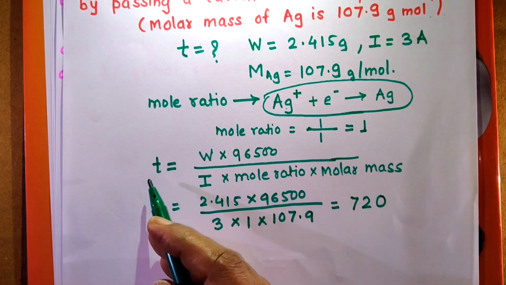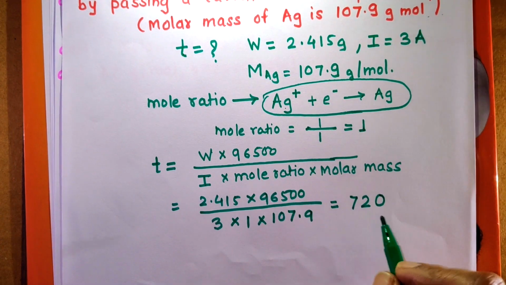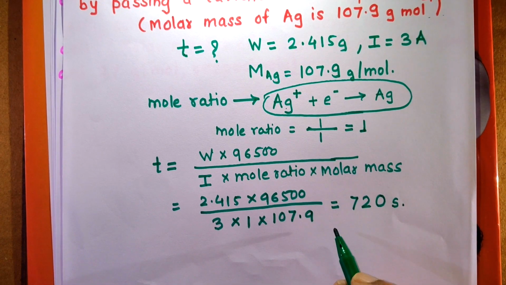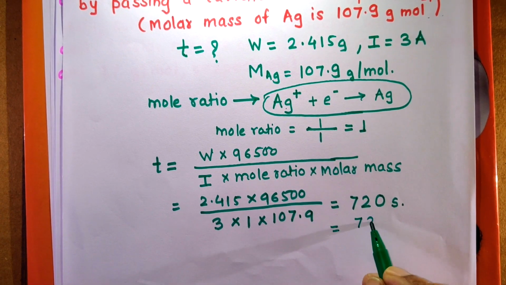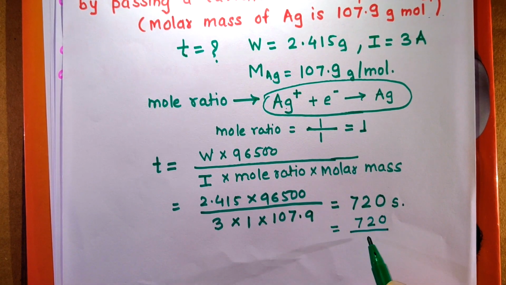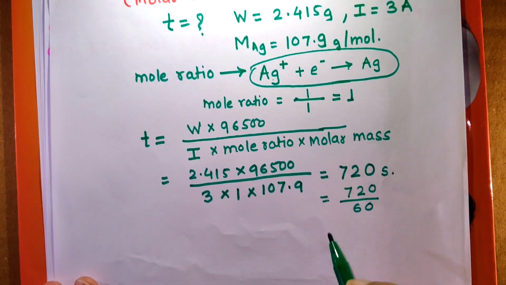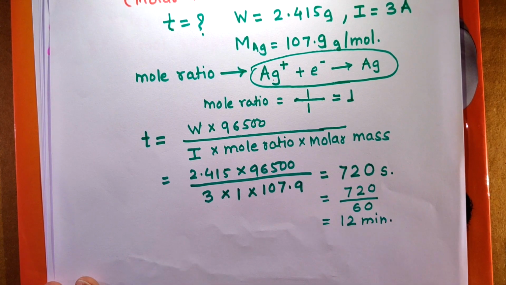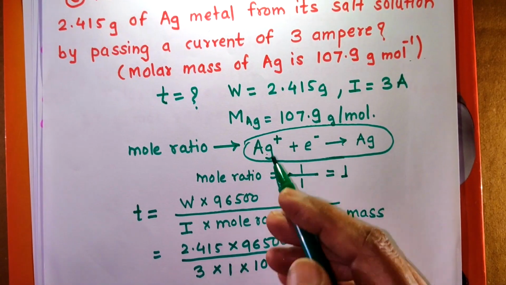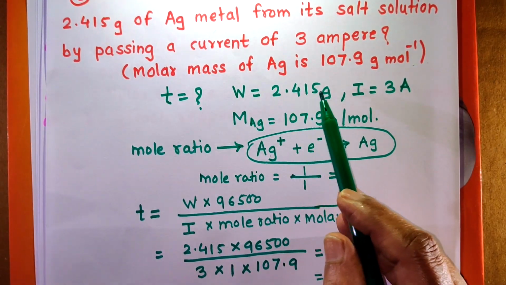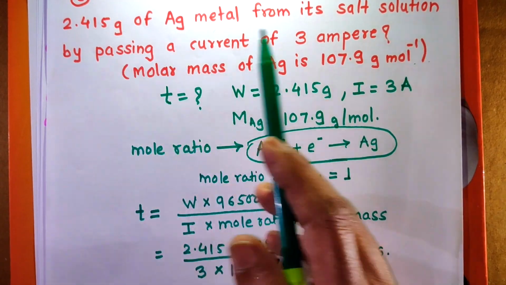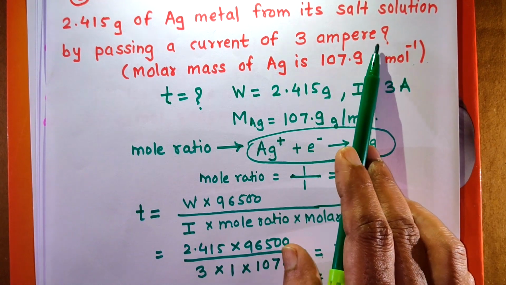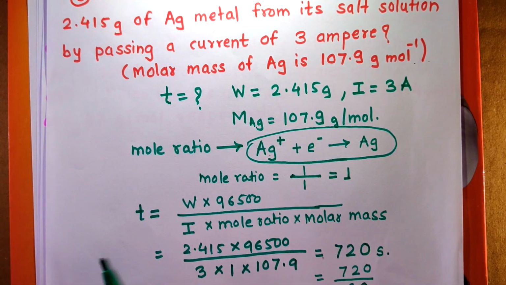What will be the unit for T? Time must be in seconds, so 720 seconds, or you can convert it into minutes. 720 divided by 60, and that is equal to 12 minutes. So remember here, for the deposition of 2.415 gram of Ag at the cathode, when 3 amperes current is passed, how much time is required?